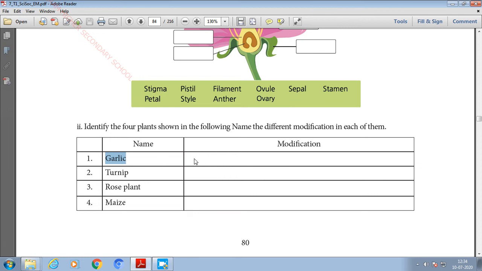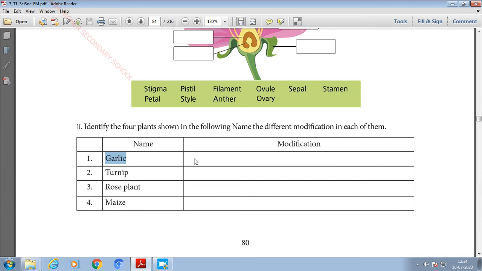So in the blank you can write underground stem modification, U-N-D-E-R-G-R-O-U-N-D, underground, S-T-E-M, stem, M-O-D-I-F-I-C-A-T-I-O-N, modification.